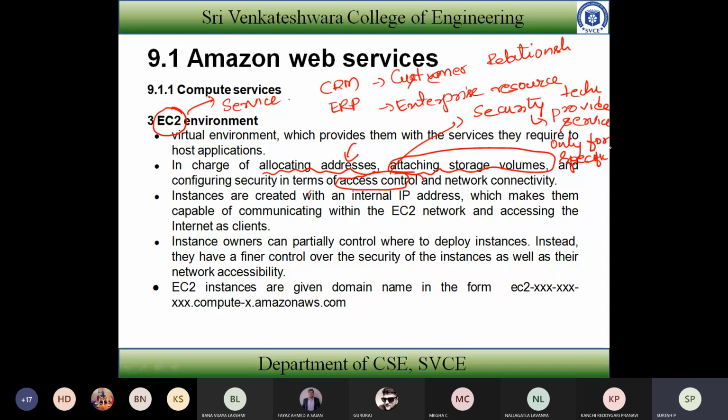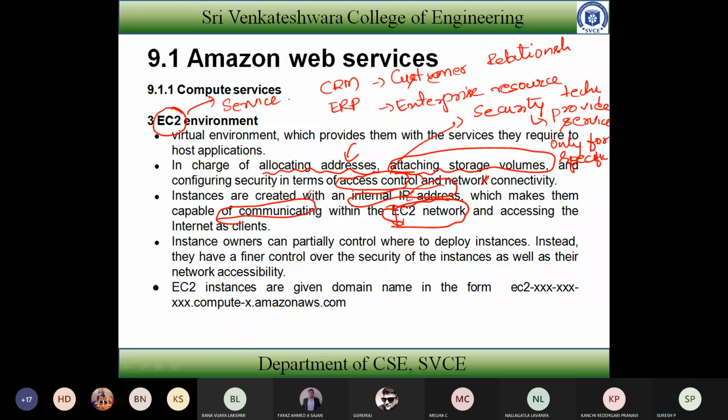When you have the IP address, communication comes into the picture, which is capable of communicating within the EC2 network. Within that EC2 network you communicate, and you access the internet as clients.